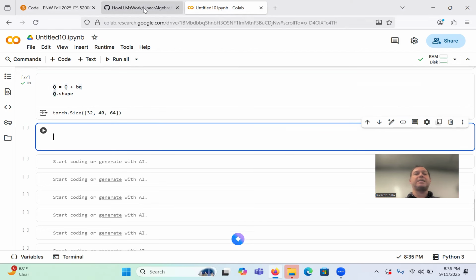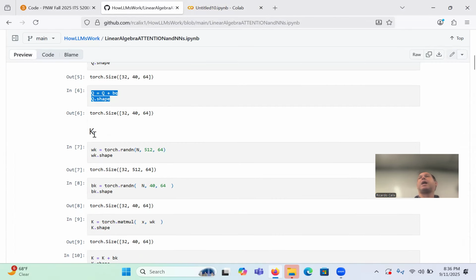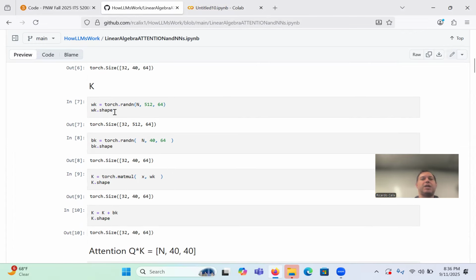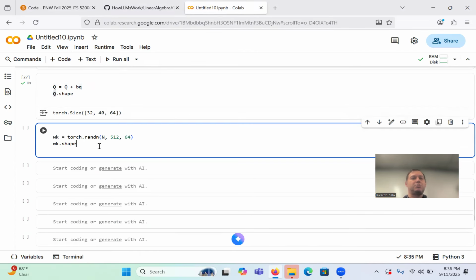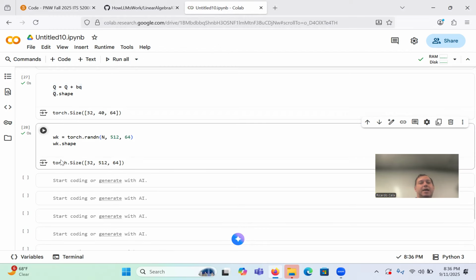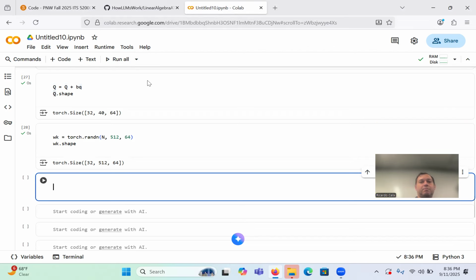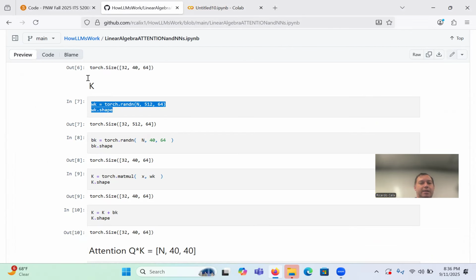Now we repeat the exact same thing for K. I'm going to create my K. So this is the query and the other one is the key, right? But if you look, it's just X and a whole bunch of matrix multiplications. So now I do this one. Notice I create a weight matrix for K itself. Then I create the bias for it.